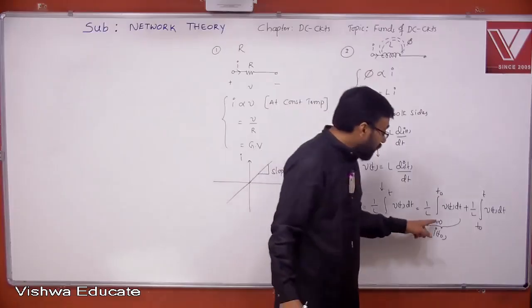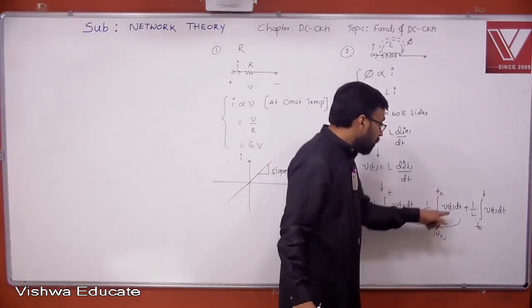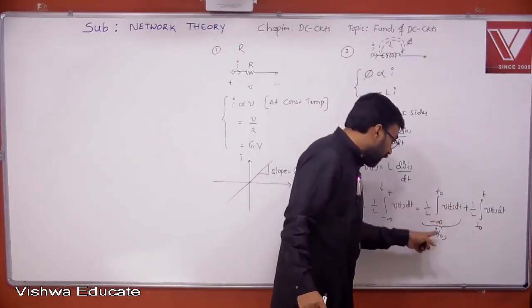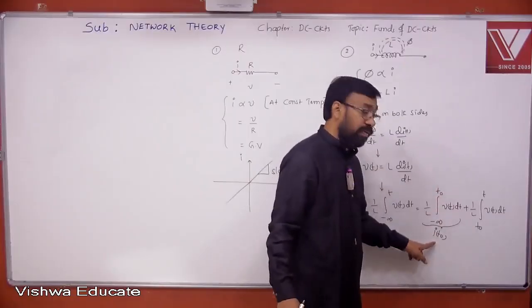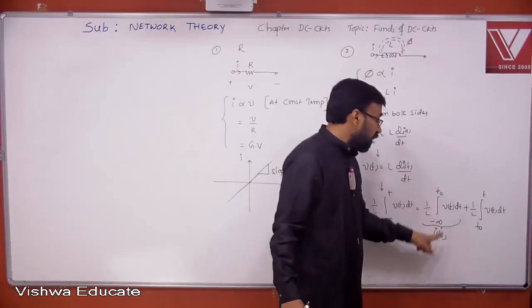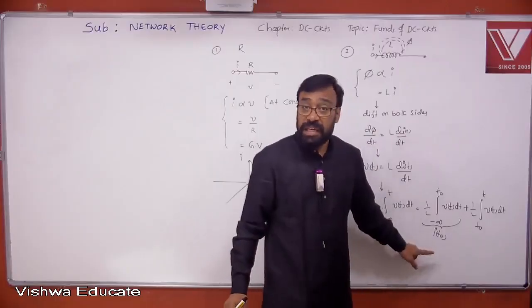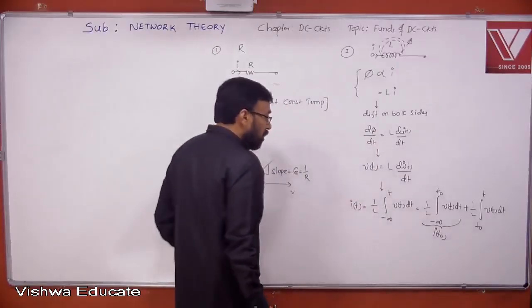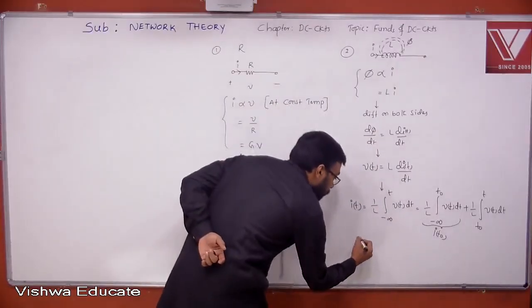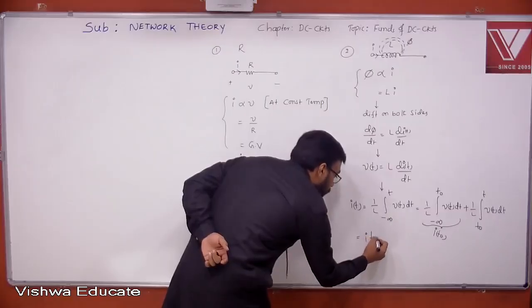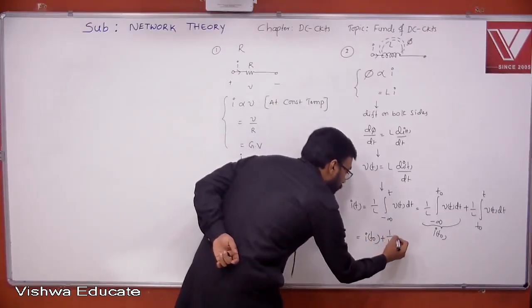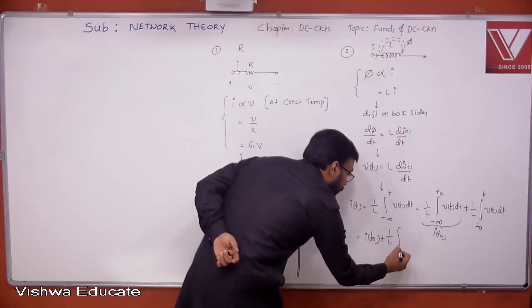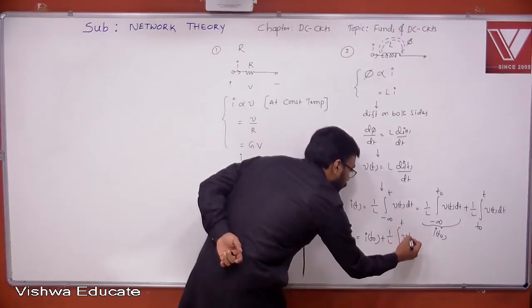But when you have minus infinity to t naught, the entire quantity can be taken as I of t naught. If it is t, it will become I of t. So I can write it as I of t naught plus 1 by L integral t naught to t v of t dt.